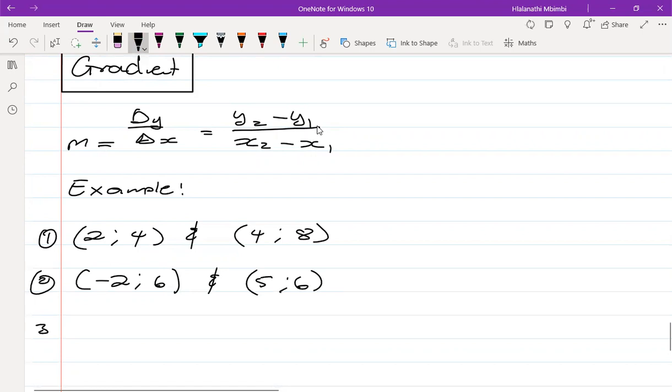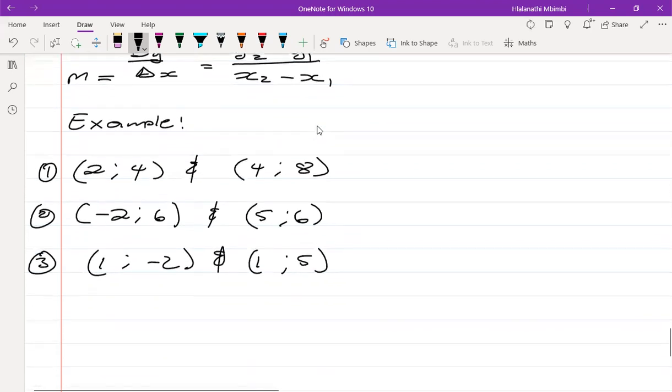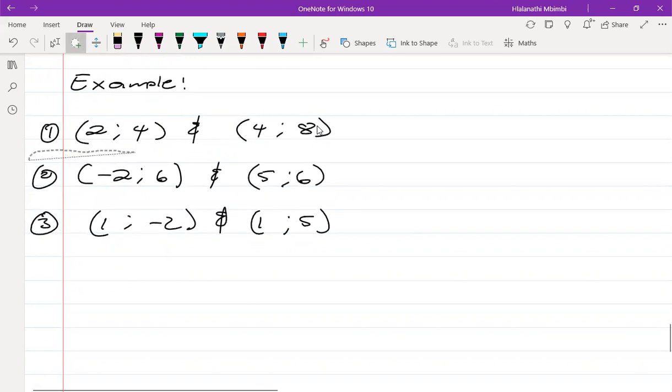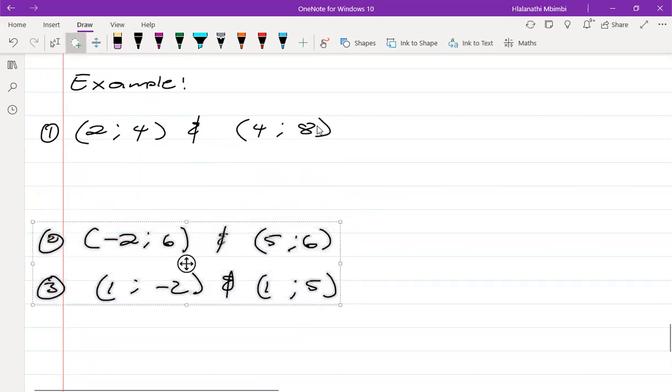And then where I want you to calculate gradient between 1 and -2, and 1 and 5. Cool. Now I just realized that I want us to calculate this gradient here, so I don't want us to move down. Okay, let's start with the first one.